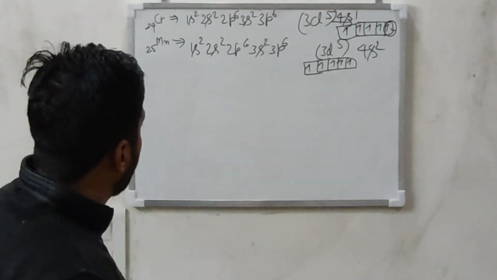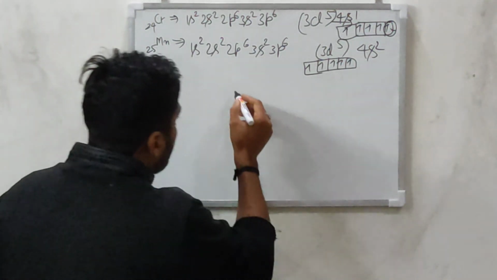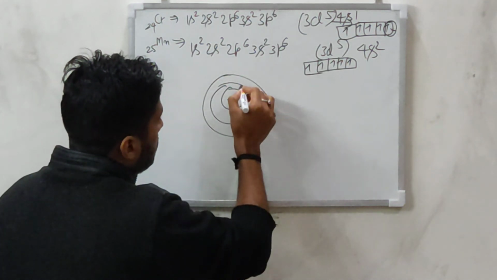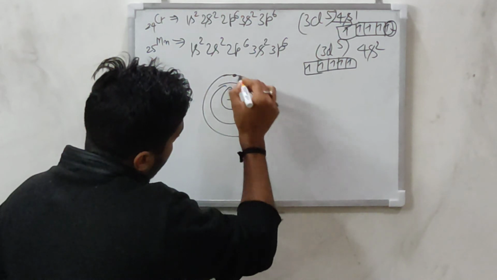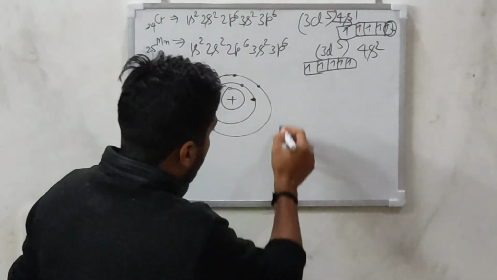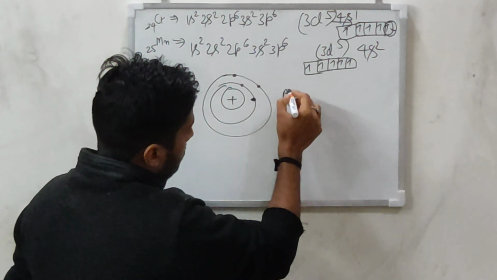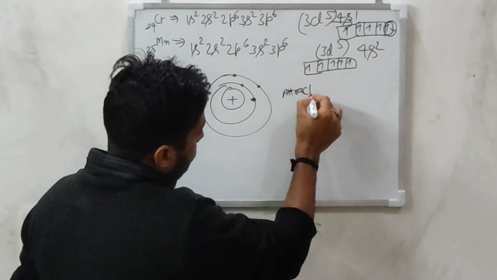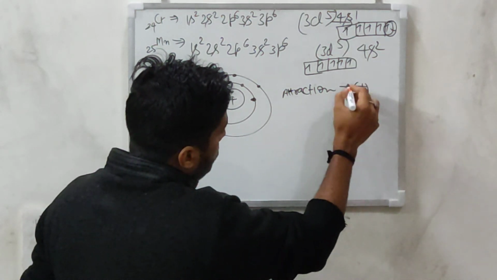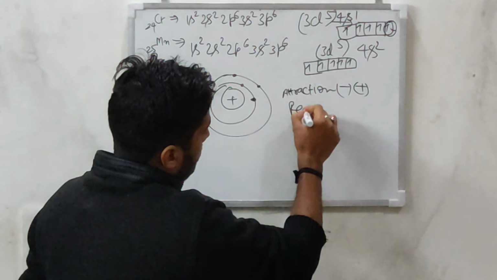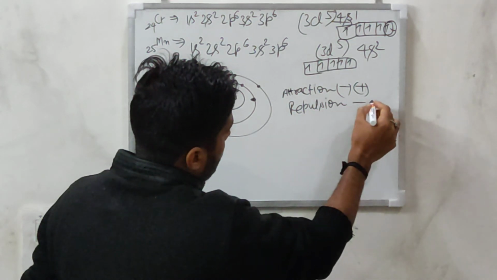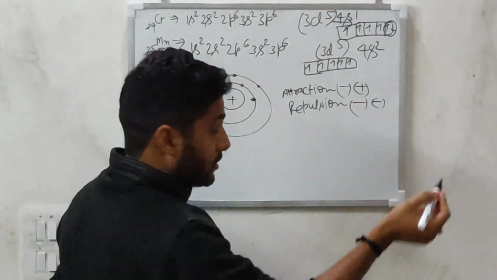So what is Z effective? There are two types of force which work on a particular electron: one is the force of attraction and the other is the force of repulsion. Attraction is due to opposite charge and repulsion is due to the same charge, which is negative because of the electron.